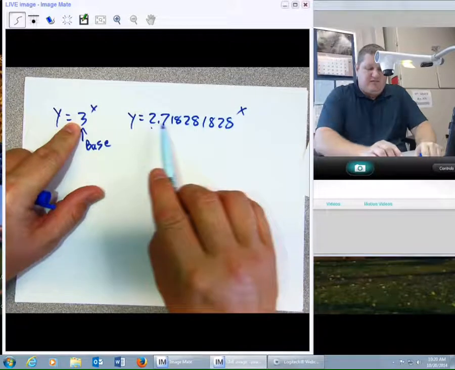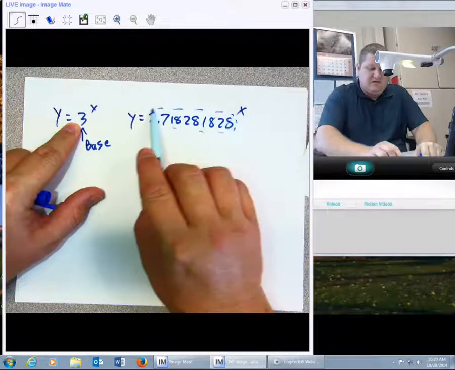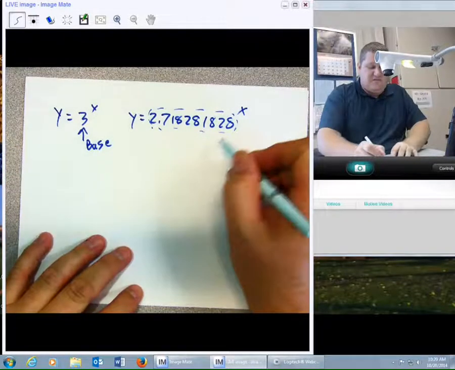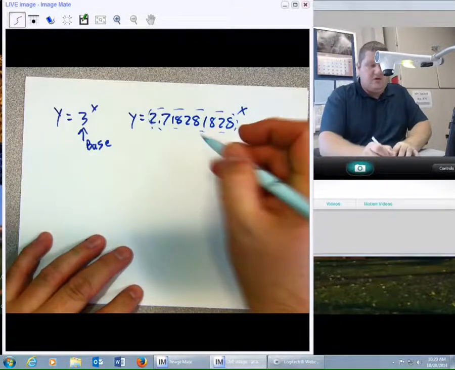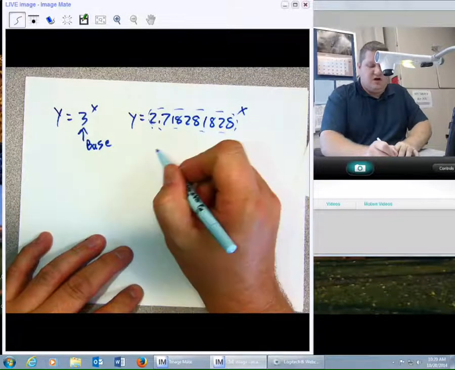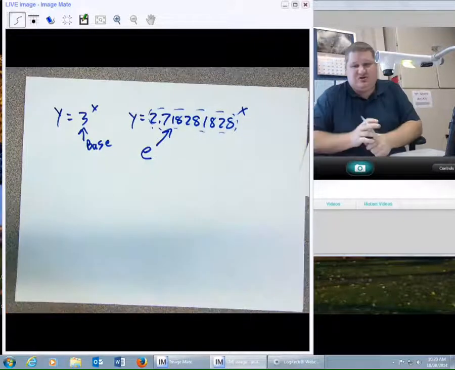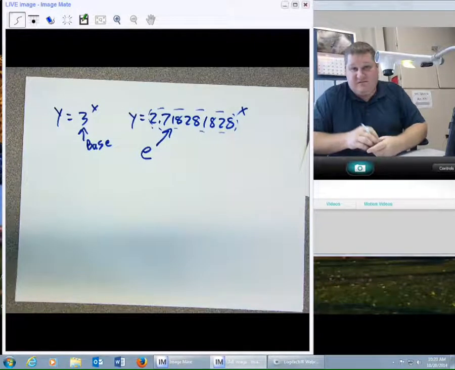However, because the base is different, it's going to have a slightly different curve to it. With a slightly different curve, it's going to obey all the same rules, but because this number comes up so often, we give it a special name, just like pi is 3.1415, yada, yada, yada.